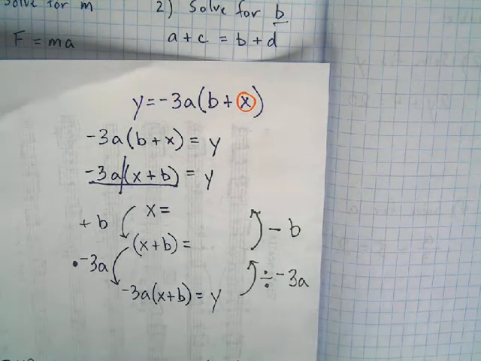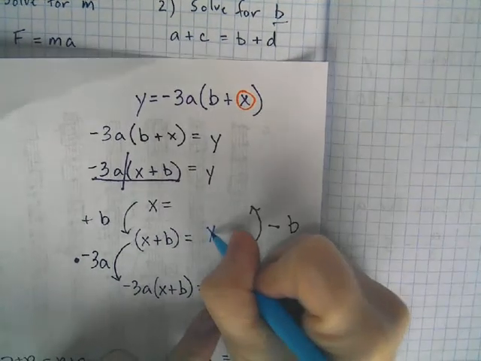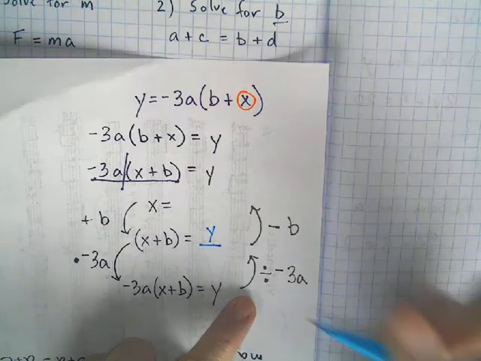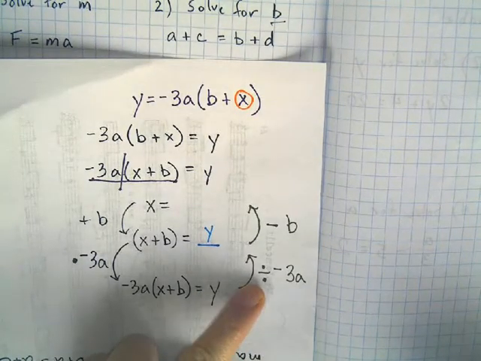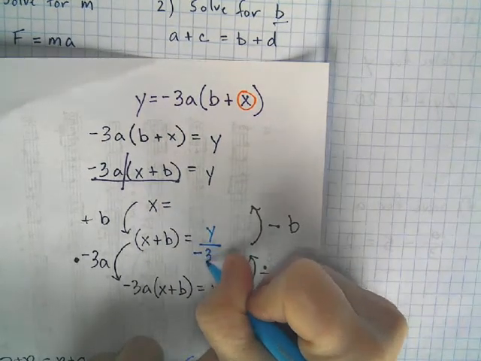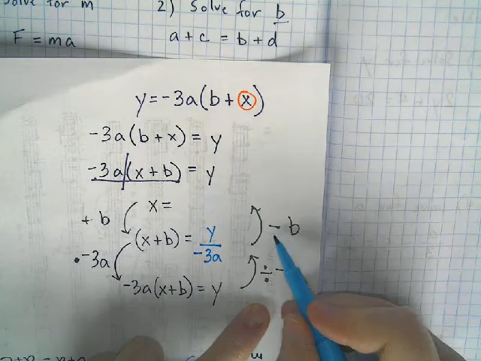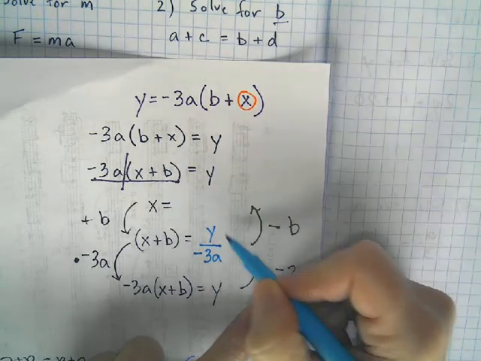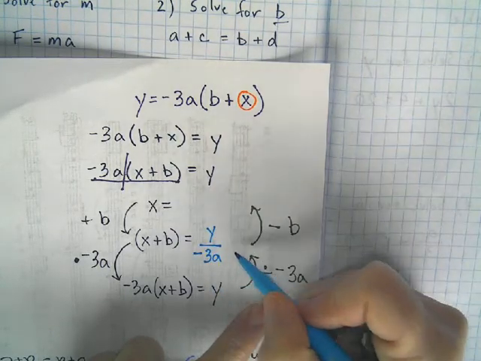So I'm going to have y divided by, whenever we have divide in algebra, we change it to a fraction bar, divided by negative 3a, and then minus the b. All of this is then going to be minused by b.